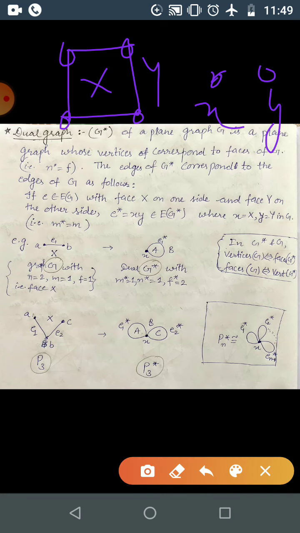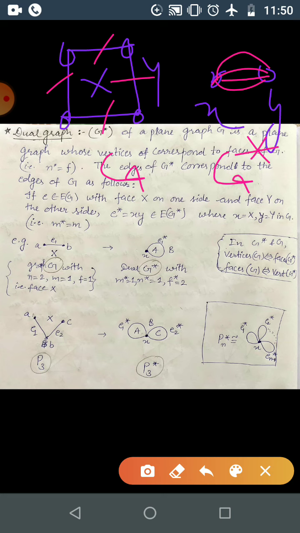And here this edge has x on one side and y on the other side as faces, and same with this edge, same with this edge, same with this edge. So there will be 4 edges joining the points x and y, that will be parallel. Okay, so here multi edges are there. So this is C4, this is C4 dual.